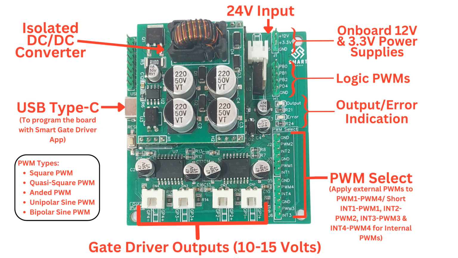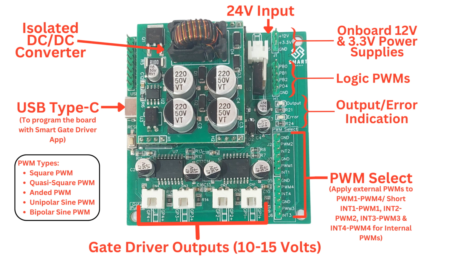So it means these logic waveforms are directly coming from the microcontroller to these pins, and anyone using this type of PWM, logic PWM, has to use the gate driver circuit externally.